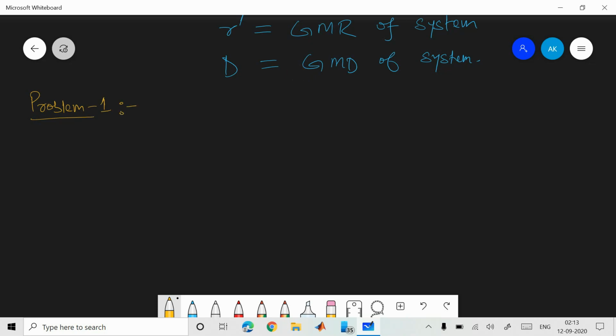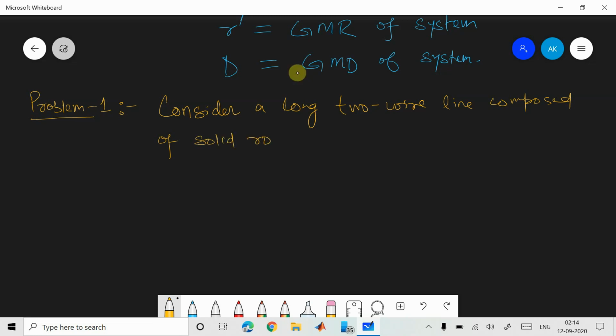The problem is: consider a long two-wire transmission line composed of solid round conductors.